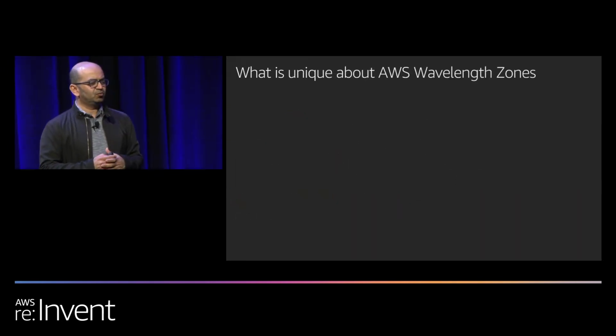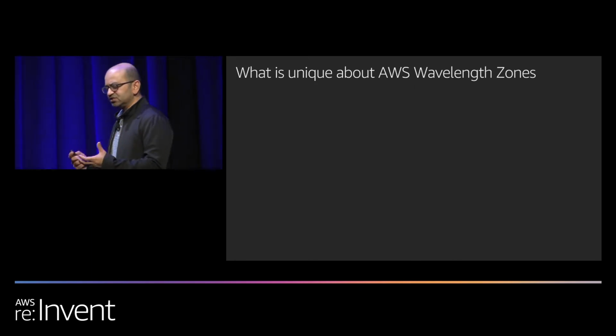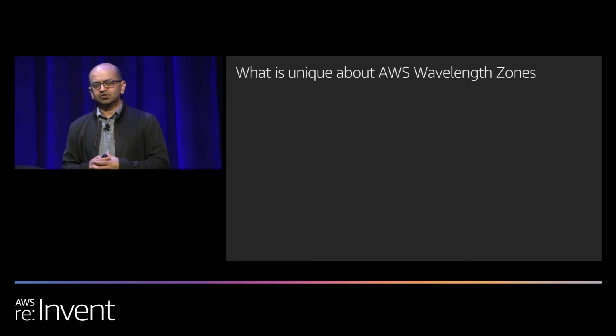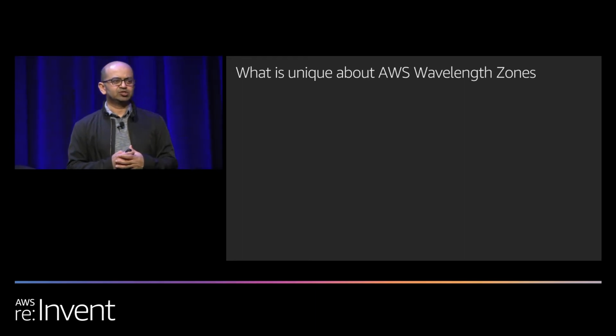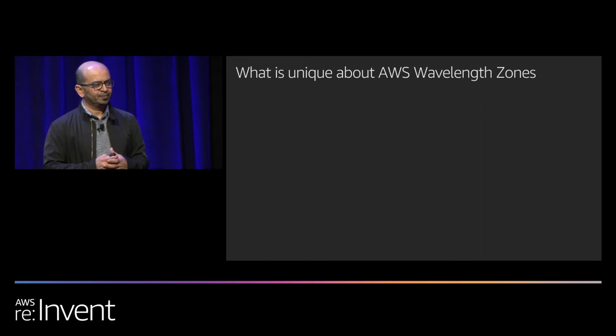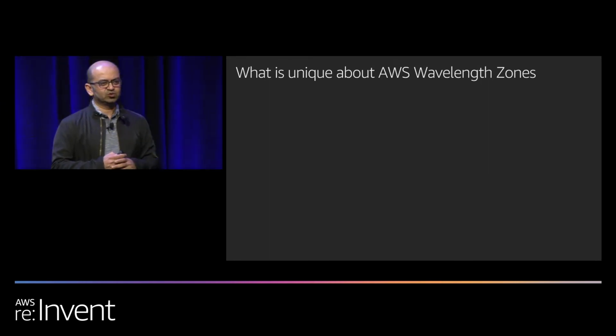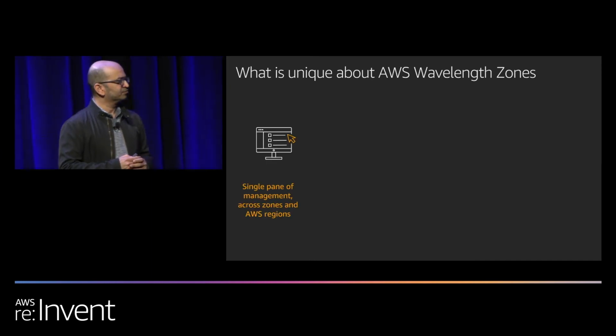Now let's see why we think we are different compared to what the industry has been attempting to do. There are various efforts in the industry to build what are called MECs, standing for multi-access edge computing. But we believe the way we built wavelength zones is much more powerful for developers for the following reasons.